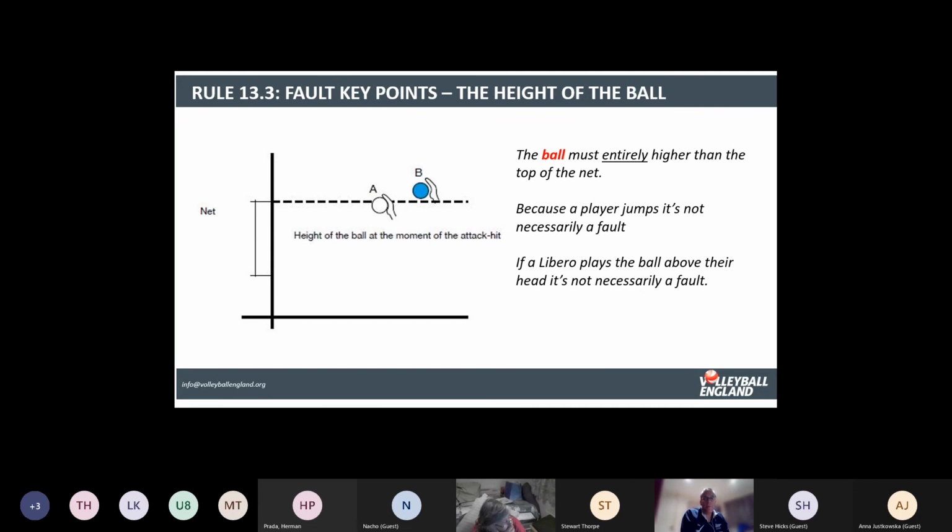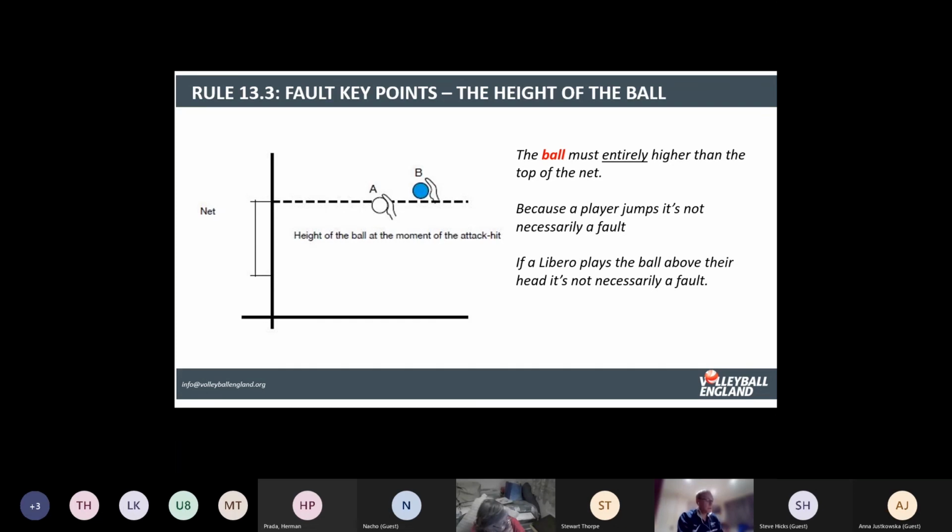The second point, and it is really important, is the height of the ball. It's so important to get that the ball is entirely higher than the top of the net. Just because a player jumps does not make the ball higher than the top of the net. And just because a libero may play the ball above their head doesn't make it a libero attack hit fault.